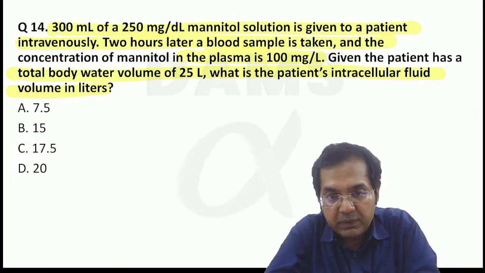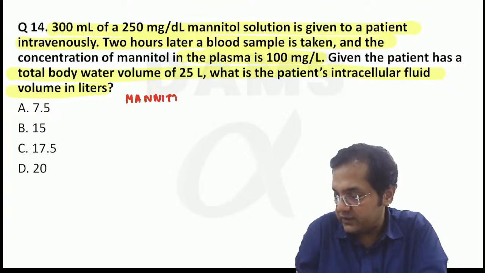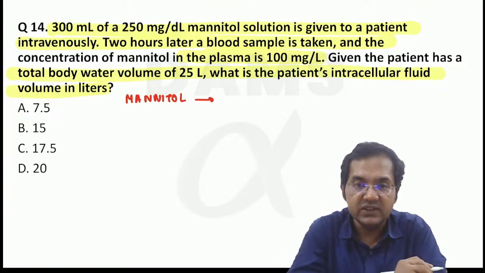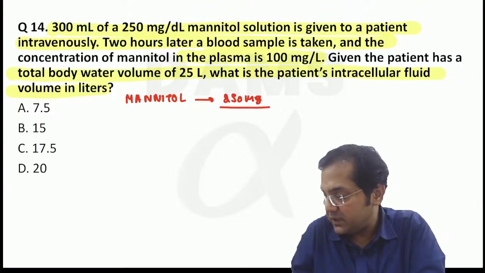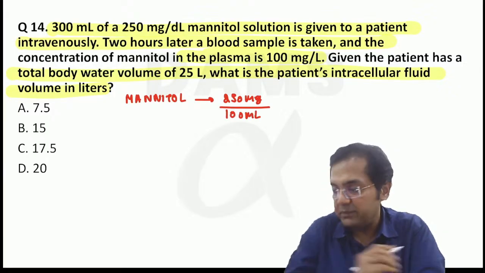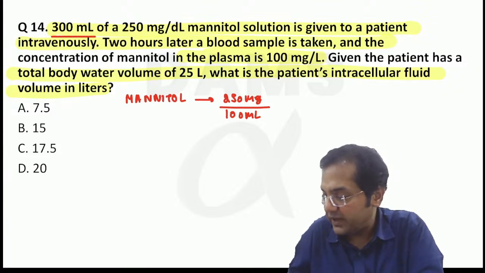Yes, I know some people got it wrong, but please look at the way to approach. So we have the mannitol. We are doing this simple question, but I've changed it slightly. So the mannitol is given as 250 milligram per deciliter, or 100 ml. Now I have given you 300 ml of mannitol.